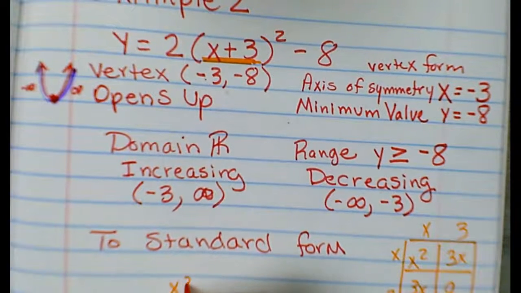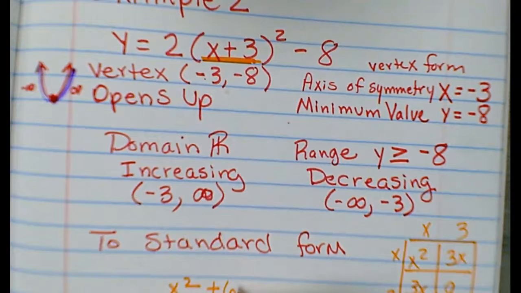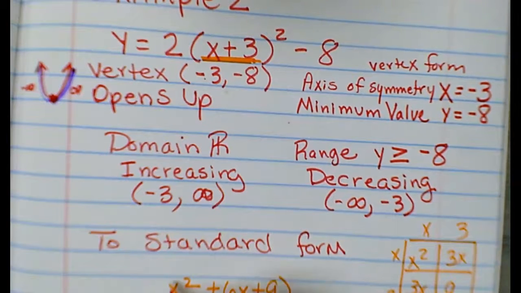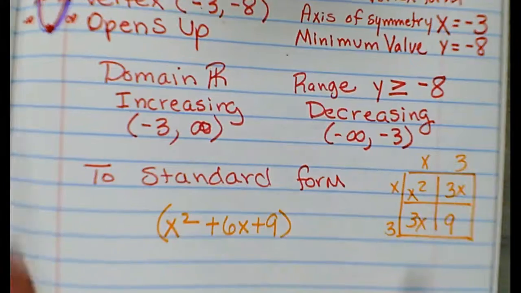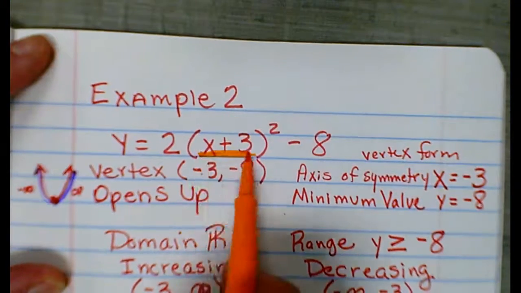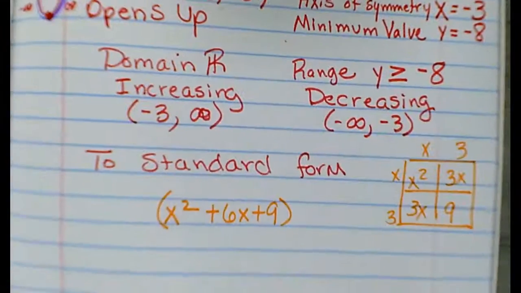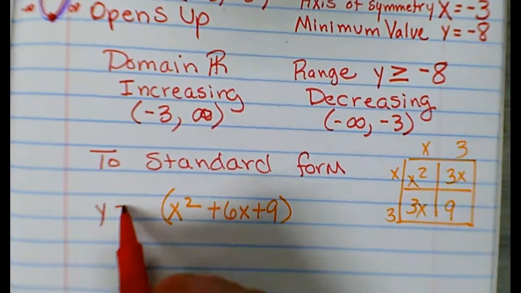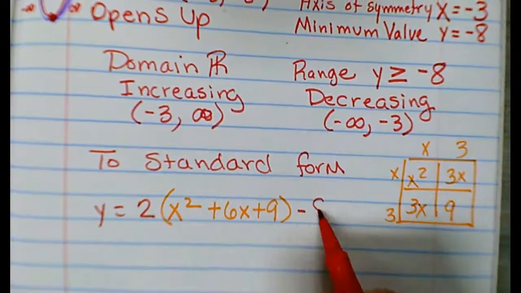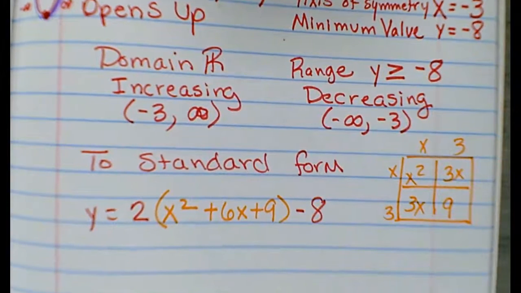So x squared plus 6x plus 9, that's equal to this parentheses in vertex form, and it has a 2 out in front and a -8 out in back.